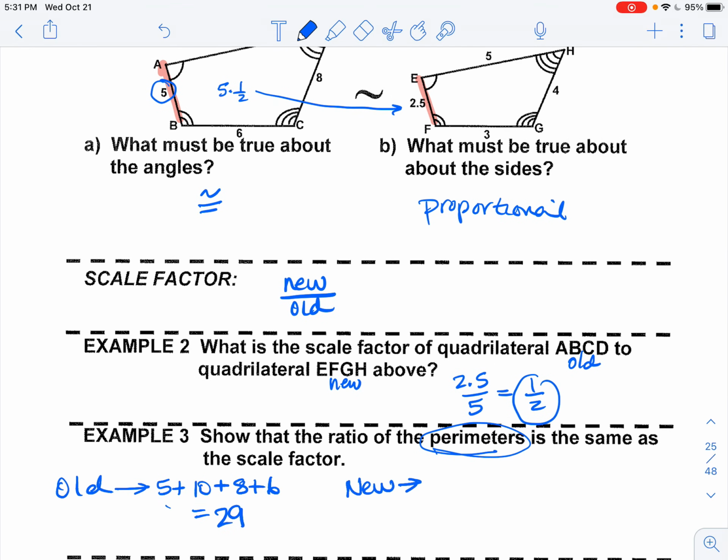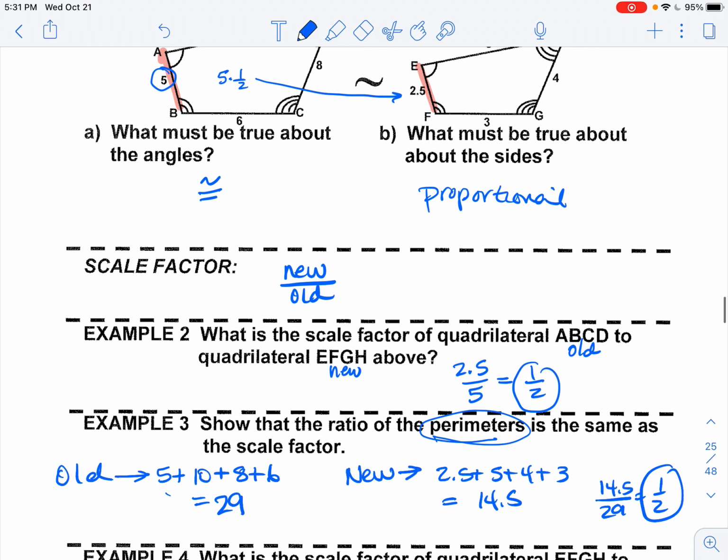Now, let's take a look at the new figure. If I add up the side lengths, 2.5 plus 5 plus 4 plus 3, 7.5 plus 7, well, that gives me 14.5. We can see the new over the old is the same scale factor.